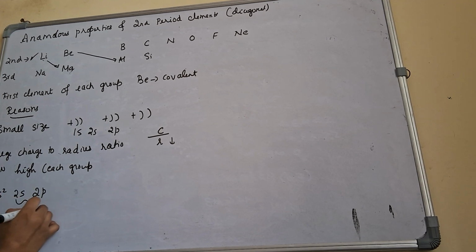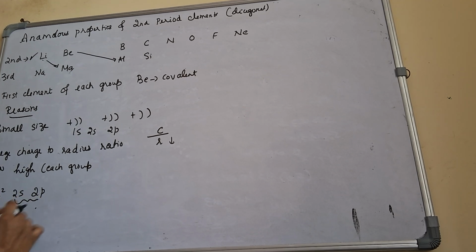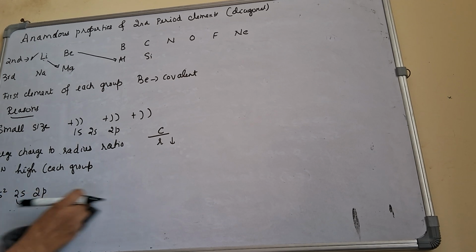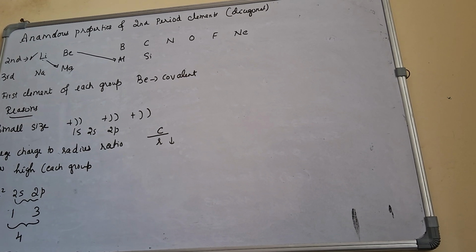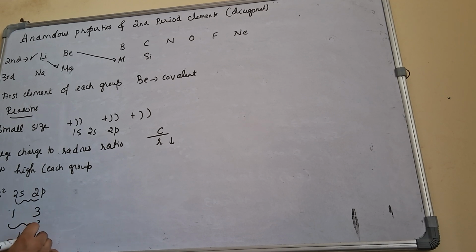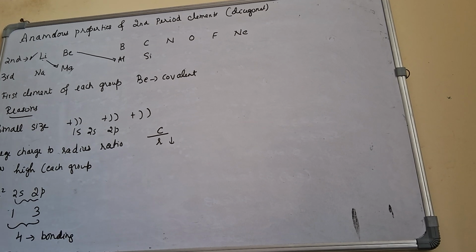In the s subshell, you have 1 s orbital, and in the p subshell, you have 3 p orbitals. So, totally there are 4 valence orbitals. Correct? And these 4 orbitals can mix. Okay, you will learn this exactly in the next chapter.